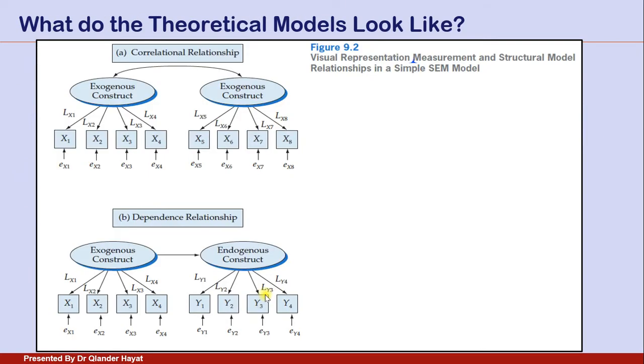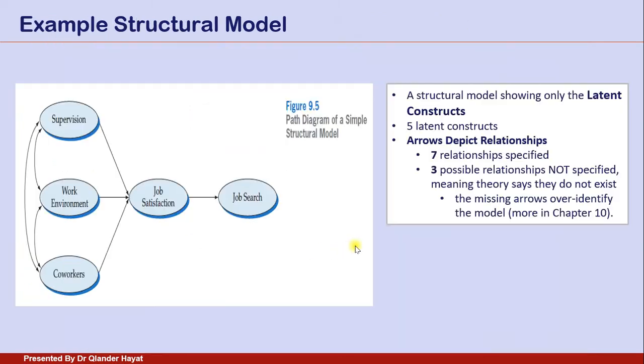Then we have to see how well the model fits. You can observe here that this model is known as a measurement model, and this model is known as a structural model, because here unobserved and observed constructs are analyzed, and we are analyzing the influence of an exogenous or latent construct on another latent construct.